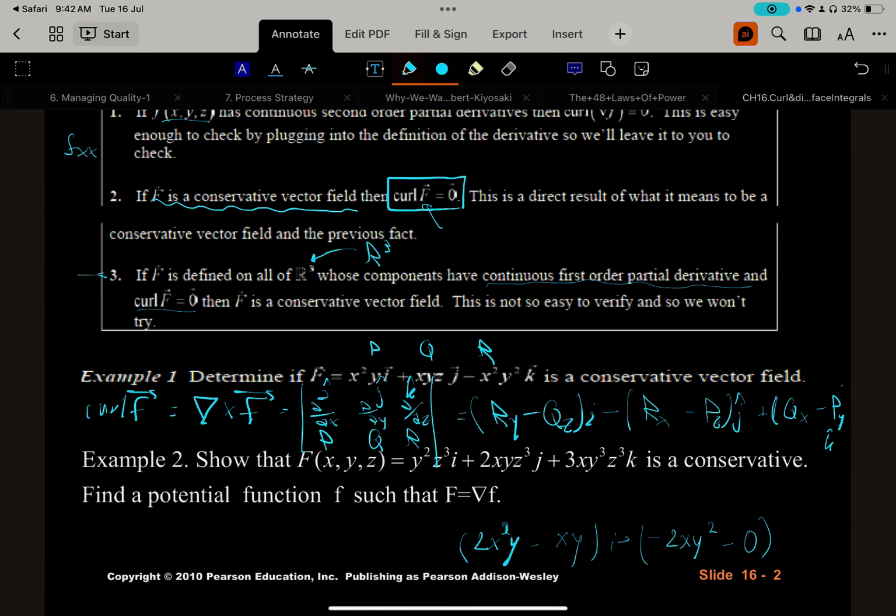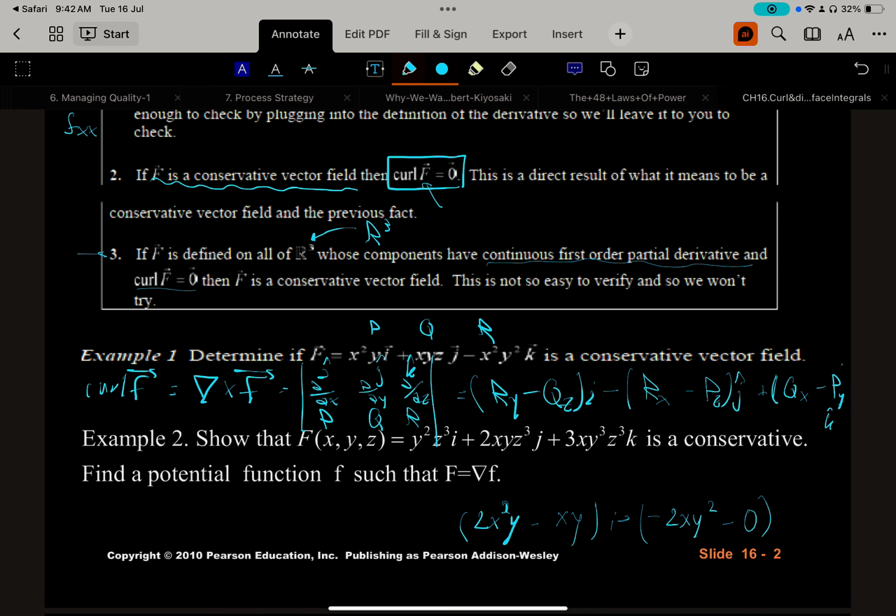And so we have R_y, and it's gonna be minus 2x squared y minus Q_z, which is xy, i, minus R_x, which is minus 2xy squared, minus 0, plus Q_x is just yz minus P_y is gonna be basically x squared. Now this is not 0, so I would assume it's not conservative.